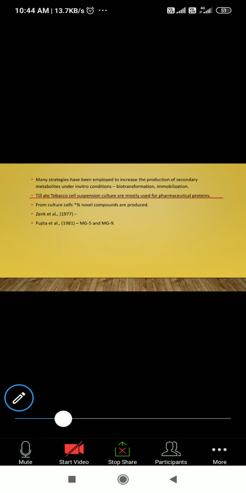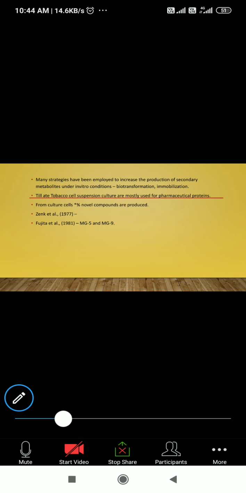Zenk et al. in 1977 was the first scientist who observed this dual system of medium. He worked on the production of alkaloids from Catharanthus roseus cells, where he modified the medium by which he was able to produce higher concentration of secondary metabolites.